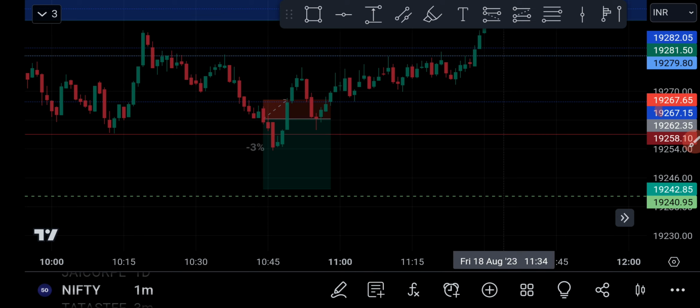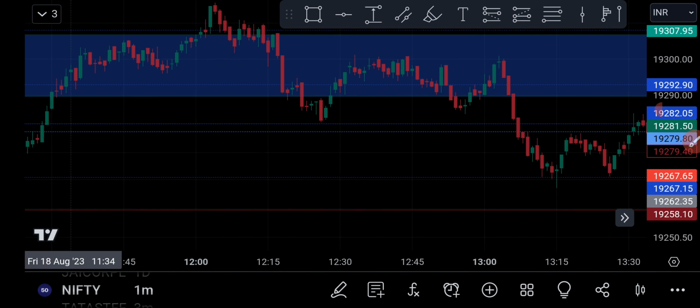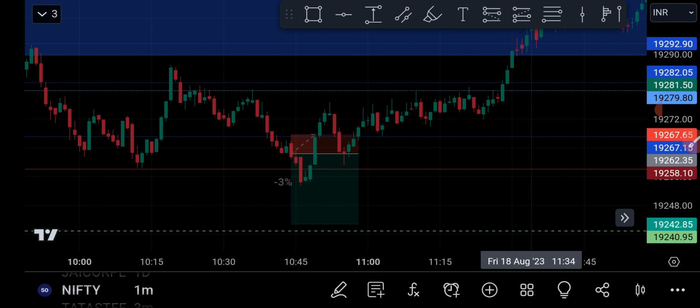See, what I meant to say is, if there is a support and you are trying for the downside, as I tried here, don't try for the downside. If there is a chance for upside, as you can see here, you can try going for the upside, because there is a proper support, right?